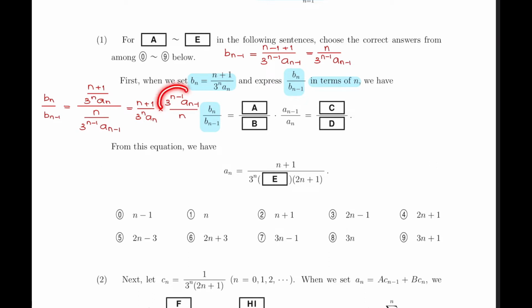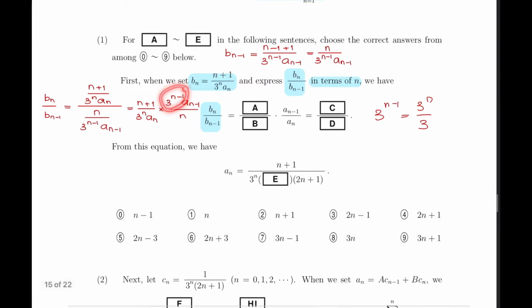Looking at the exponential expression here, 3 to the power of (n minus 1) is equal to 3 to the power of n over 3. So I will change 3 to the power of (n minus 1) into 3 to the power of n over 3.